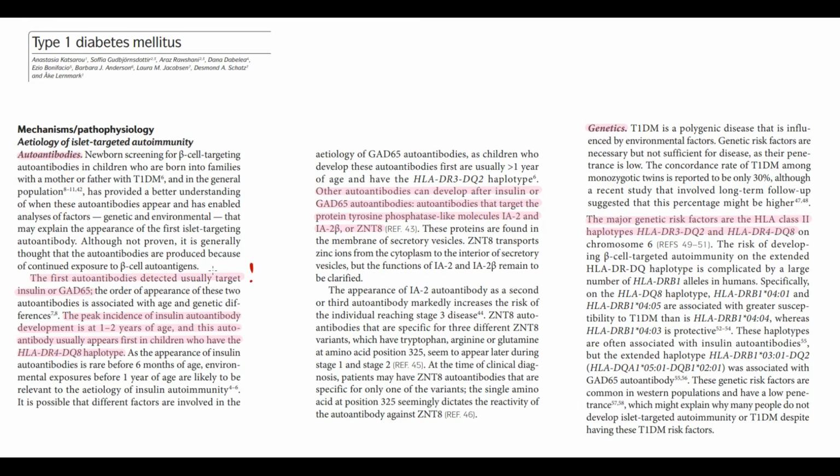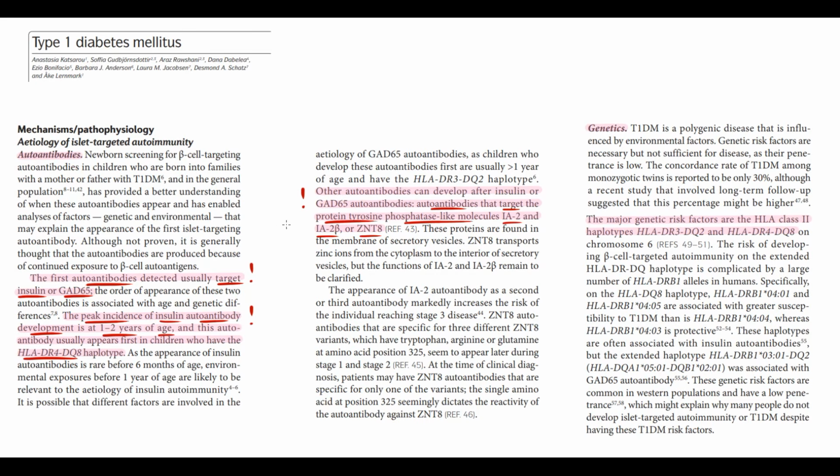The peak incidence of insulin antibody development is at 1 to 2 years of age, and usually these antibodies have a strong HLA-DR4 association. After these two antibodies, B lymphocytes begin to produce other antibodies, such as antibodies against protein tyrosine phosphatase or antibodies against zinc transporter.